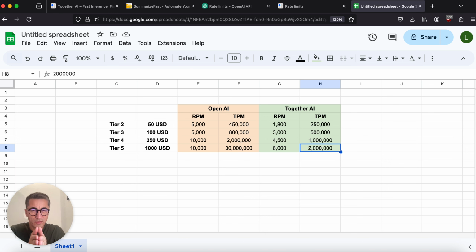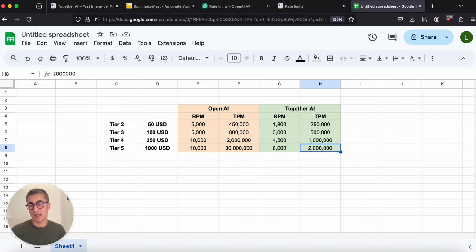And also, since I've tested both systems here, I recognize that the response times are quite different between these two systems as well. When you send a request to OpenAI's APIs, the time it takes to get an answer is much shorter compared to TogetherAI.